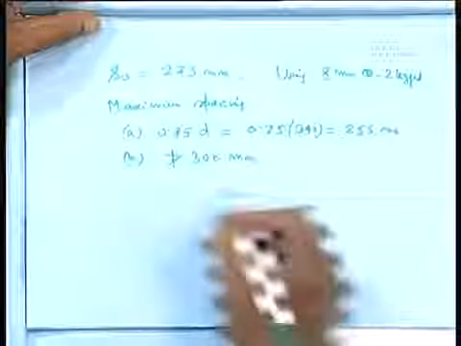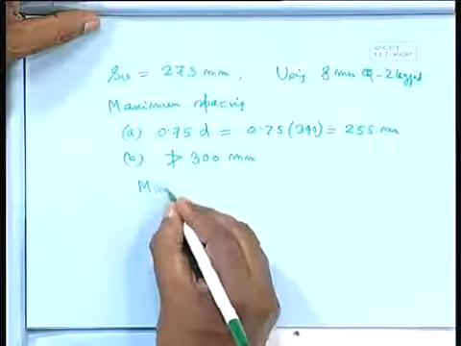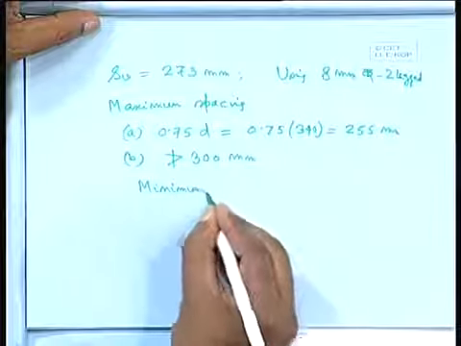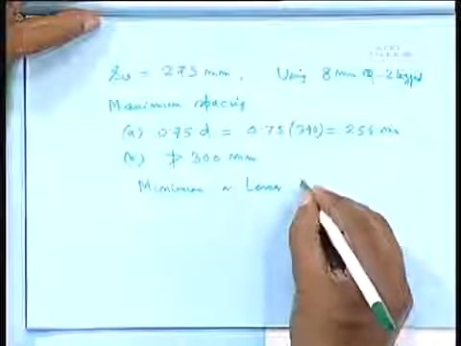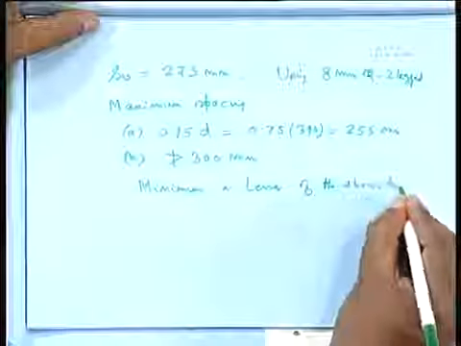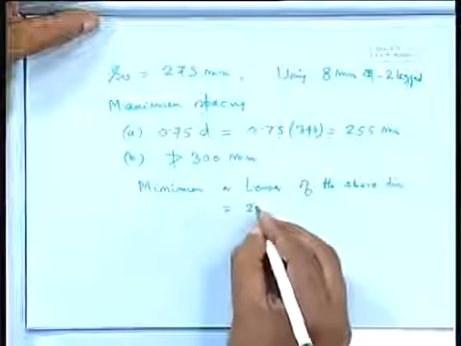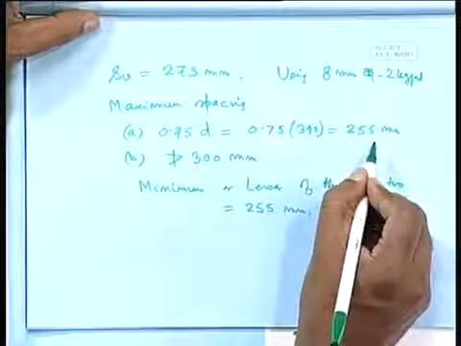So, the minimum, or lesser, of the above two is 255 millimeter. So, it is governed by this one.